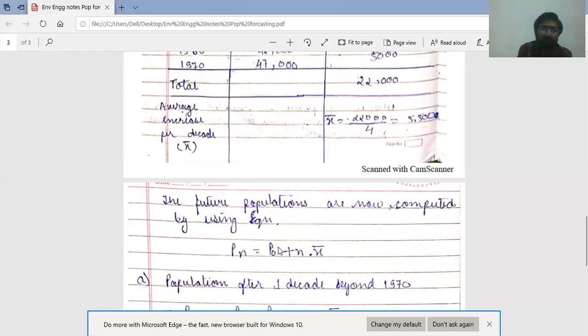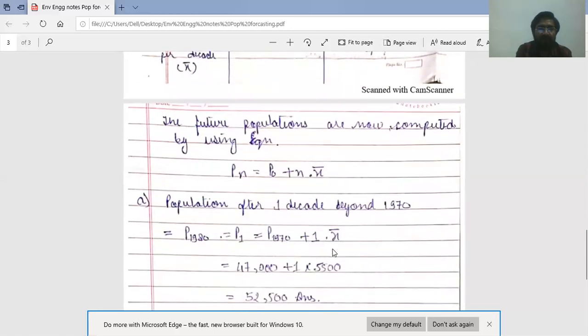Pn is the future population, P0 is the present population, n is the number of decades, and X bar is the average increase in a decade.